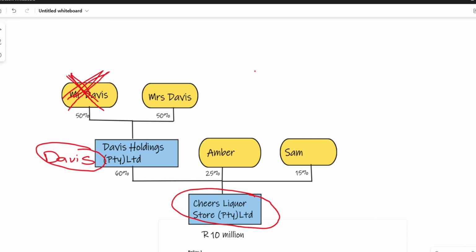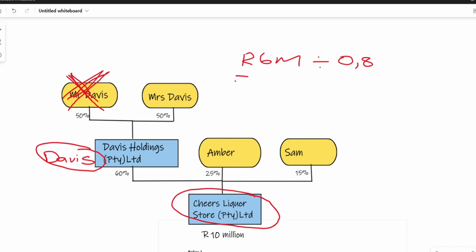So what some advisors normally do is we know that the value of the Davis Holdings company is 6 million rands. Now, for values below 30 million rands, we know that the estate duty is 20%. So you just bump up this cover of 6 million rands to take care of the estate duty.